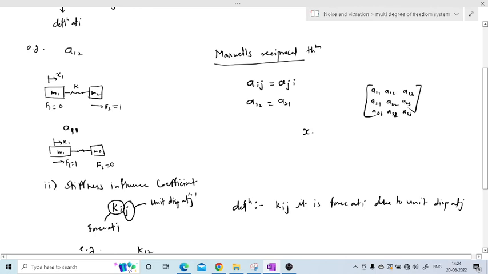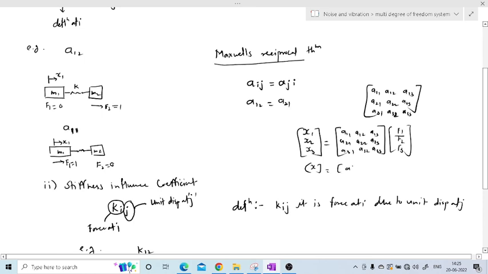To determine the displacements x1, x2, x3, the equation of motion becomes x1, x2, x3 equal to the influence coefficient matrix into the forces F1, F2 and F3. Ultimately x equals A into F.